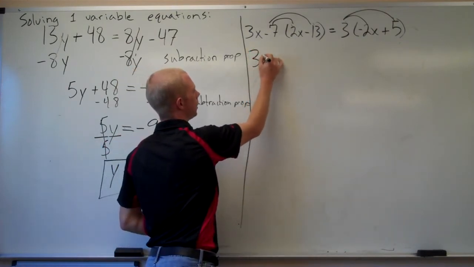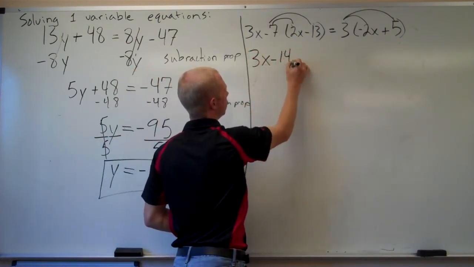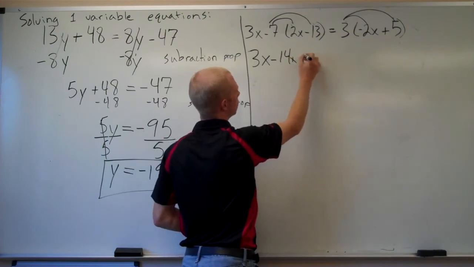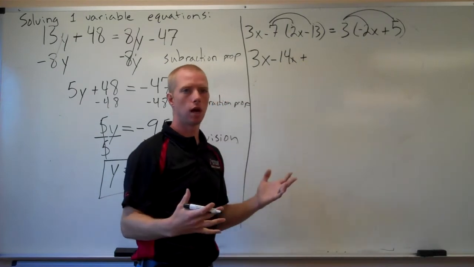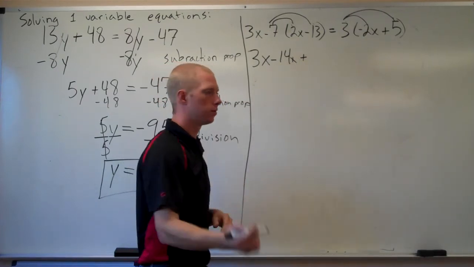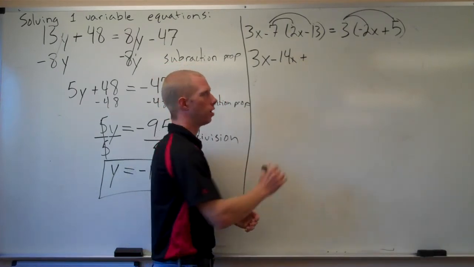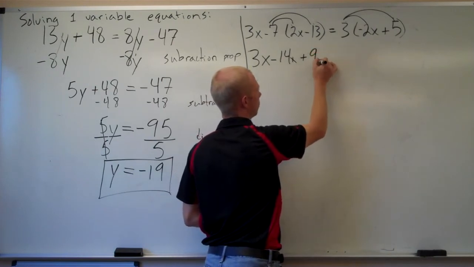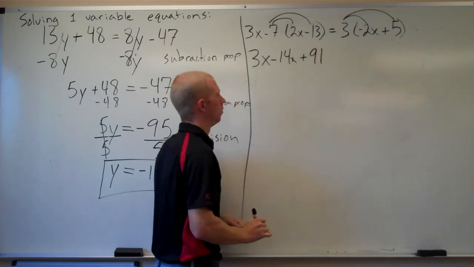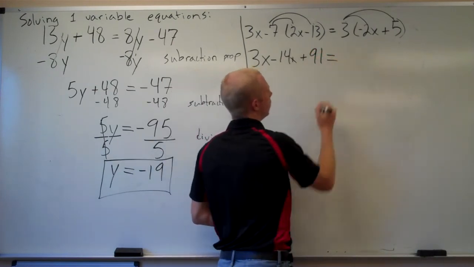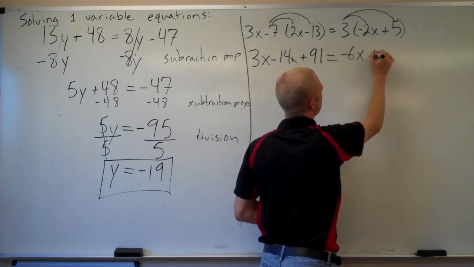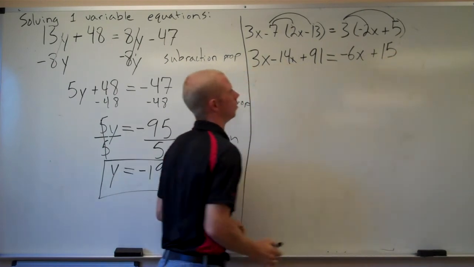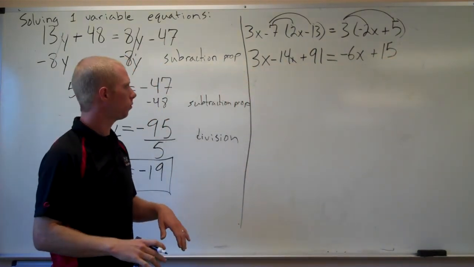This will give me 3x minus 14x plus 7 times 13. Again, you may not know that by heart, but 7 times 12 is 84, which you should know. Add one more group, and you're at 91. Over here, you end up with negative 6x plus 15.